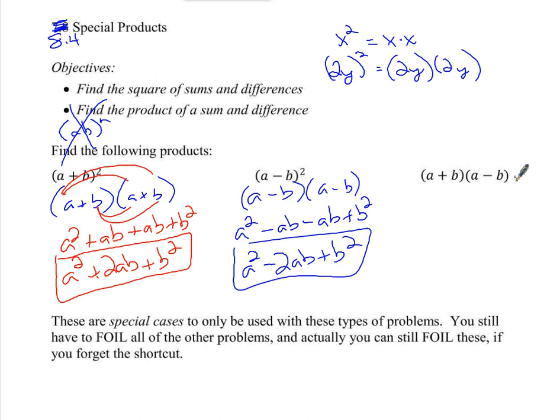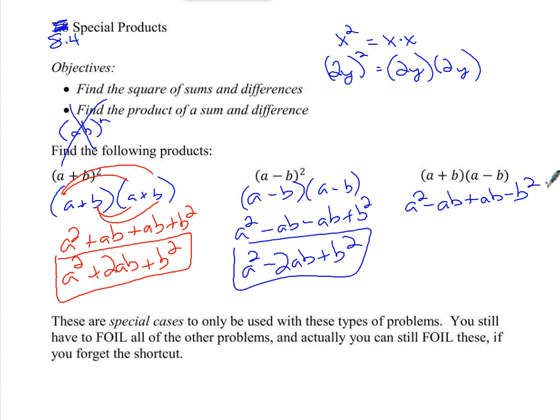For this last one, let's FOIL it. It's already written like a FOIL problem, so let's go ahead and FOIL it and see what happens on this one. What do we get? A squared, good, minus ab plus ab minus, not 2b, b squared. Good.